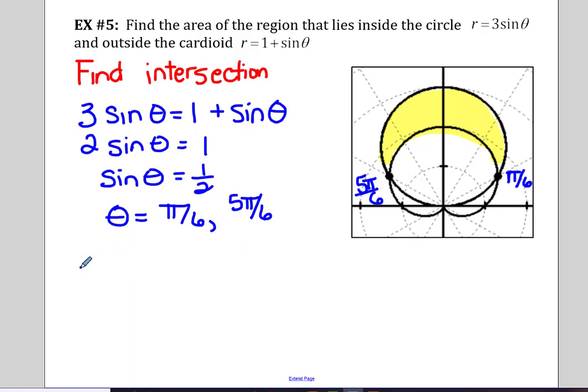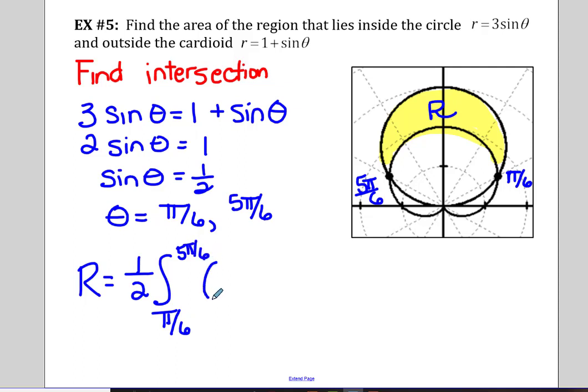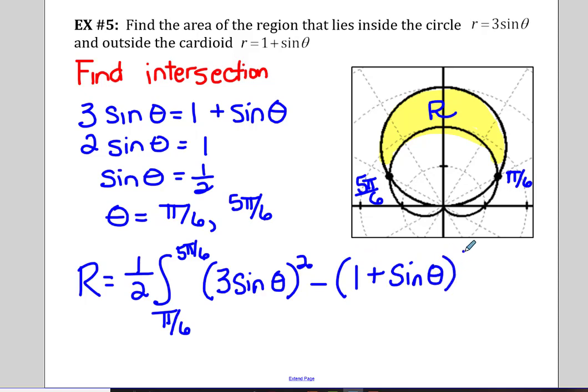So to find that intersection, that shaded region R, we're thinking about 1/2 integral from pi over 6 to 5 pi over 6, and we want to take the circle, the 3 sine theta quantity squared, and subtract out the other piece of the cardioid, 1 plus sine theta squared d theta.